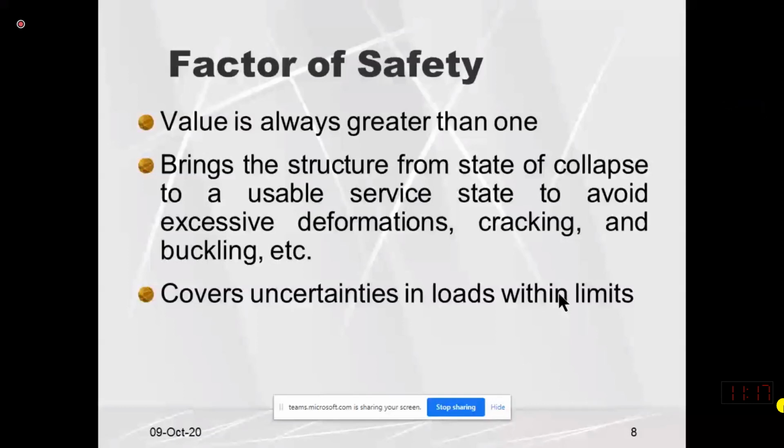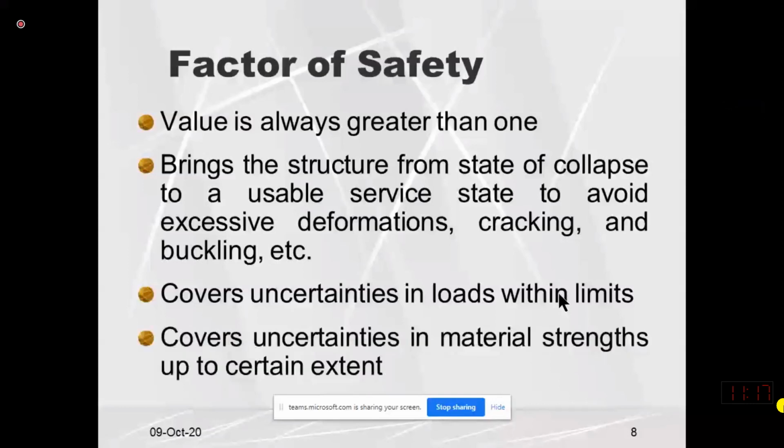It covers uncertainties in material strength up to a certain extent. Certain extent means just small deficiencies. Actually, we buy the material from the vendor, from the market, and the vendor says that the yield strength is 250 megapascal. And we use that material strength in our design calculation to compute the area, as I have explained in the previous slide.